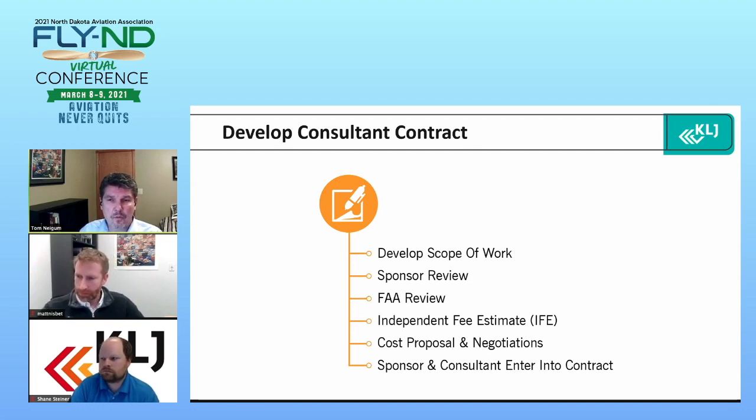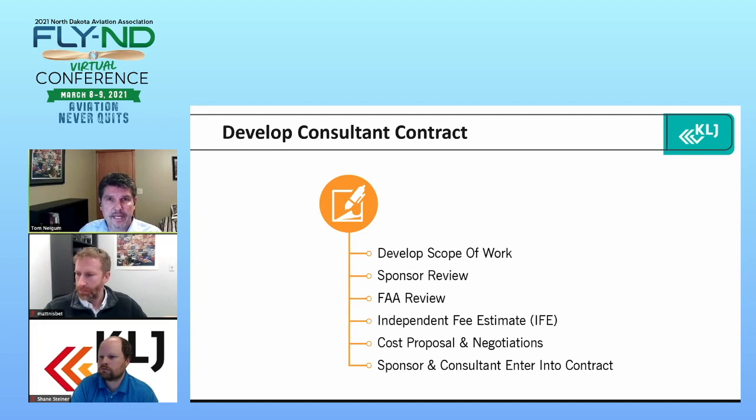And really what the scope of work does is it sets the table for what the consultant's going to be doing, outlines the tasks that are going to be completed, the project, and really starts defining that level of effort that's going to be included in the consultant contract.